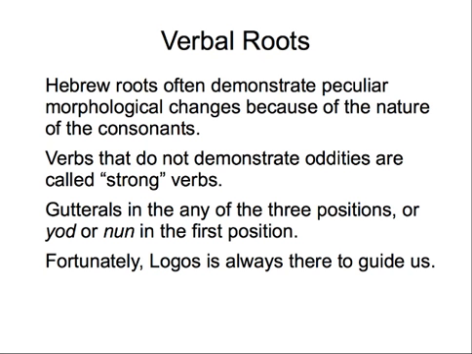As we see part of the conjugating, just like in English, conjugating would be adding ed onto the end of a verb, or adding s onto the end of a verb. We'll be doing the same thing, but we'll be adding letters onto the front and the back of the verb, and in some cases that can cause strange things to happen, particularly if certain consonants don't want to sit next to other consonants.